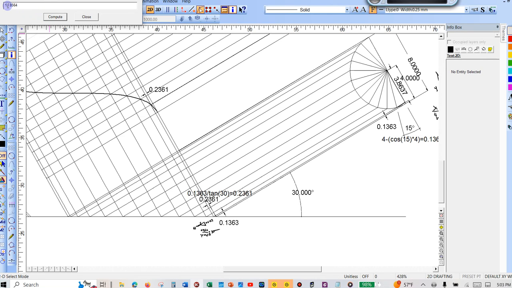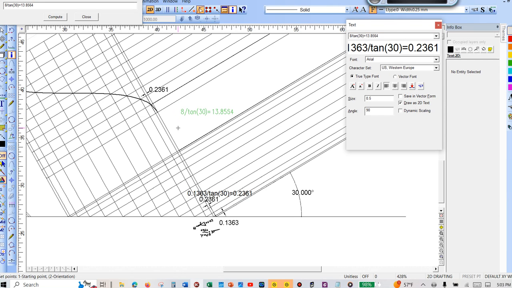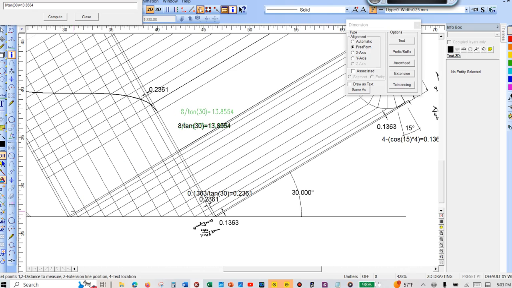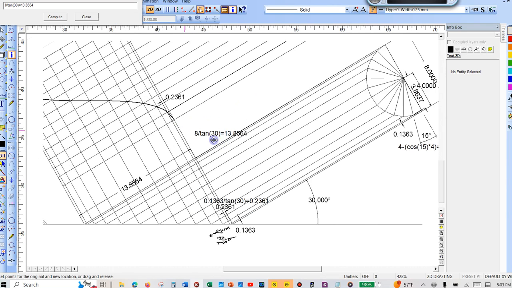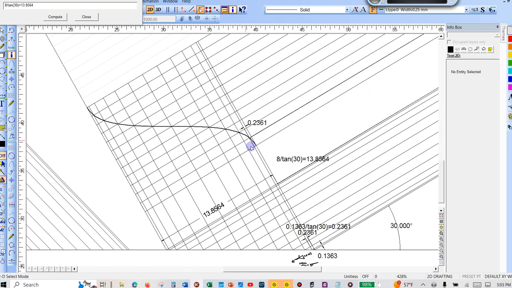That should give us this big run here, Control V equals. I'm going to do a couple of those so we can check them. Copy, Control V. All right. And that's what I'm looking for right here: 13.8564, right?